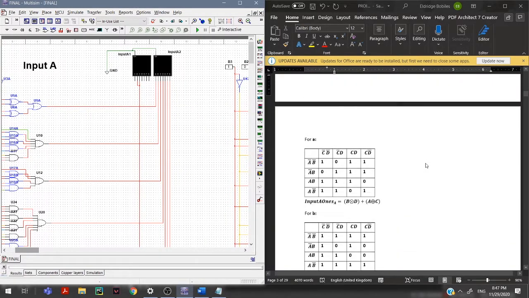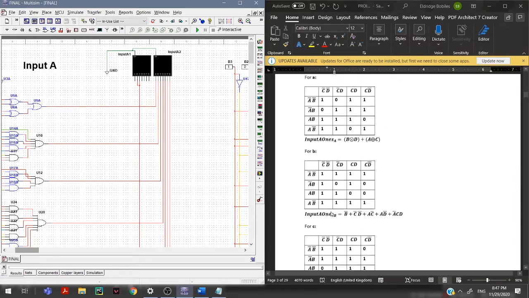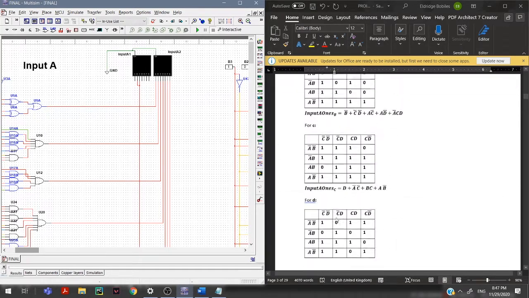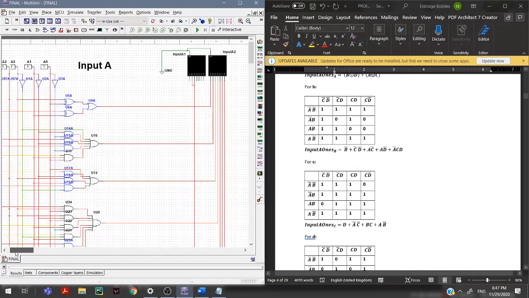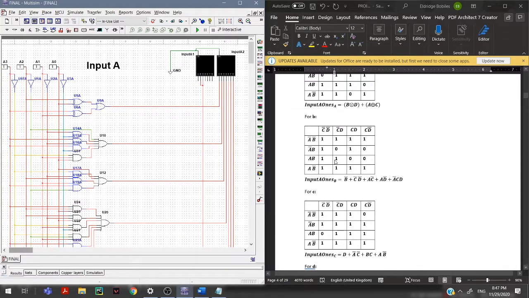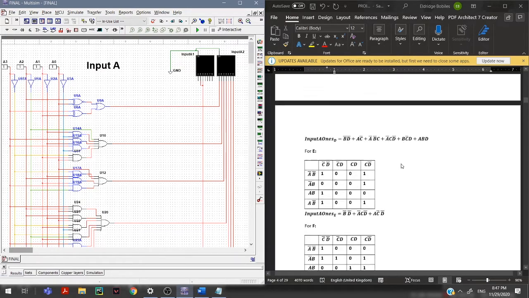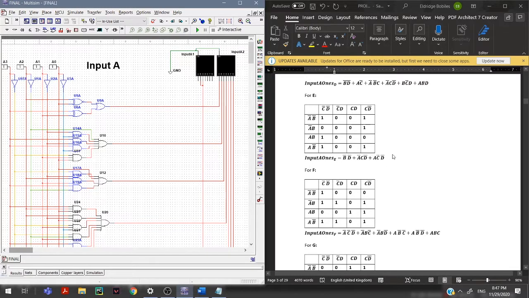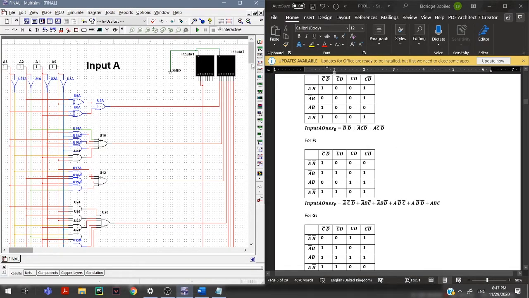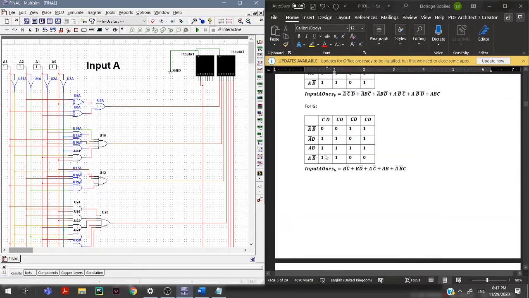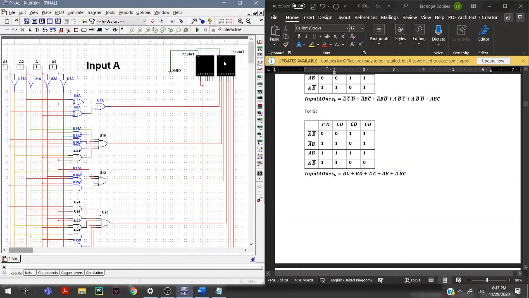With that, we have created K-maps for A, B, C, D, E, F, and G. For the input A ones, we name the output input A ones because it is the ones digit of the input A. As you can see, the outputs of all of these Boolean expressions were connected to a 7-segment display for the ones digit of the input.